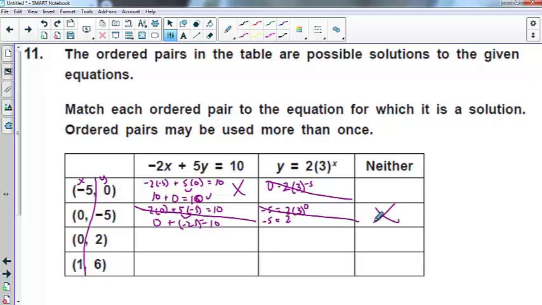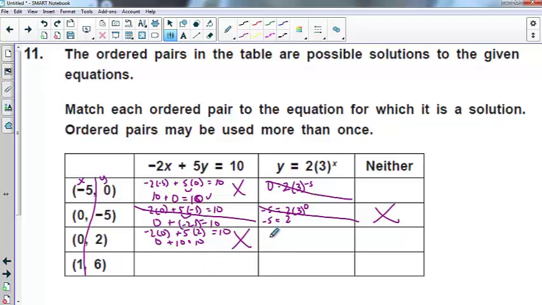With me on that? Next one, I have -2 times 0 plus 5 times 2 equals 10. -2 times 0 is 0 plus 5 times 2 is 10. Is that equal to 10? So I should have an x here.